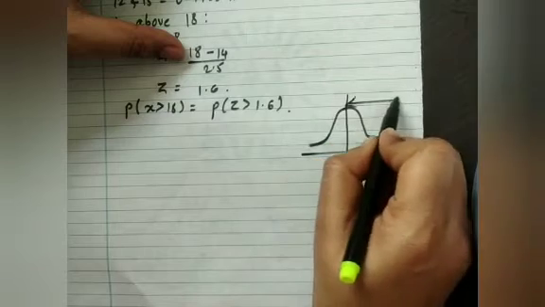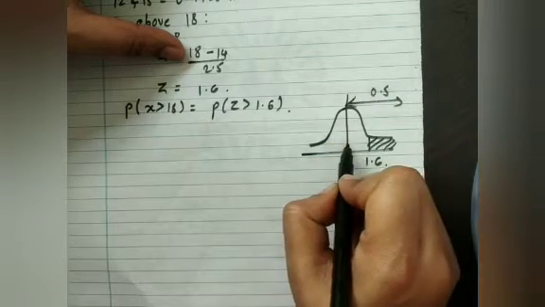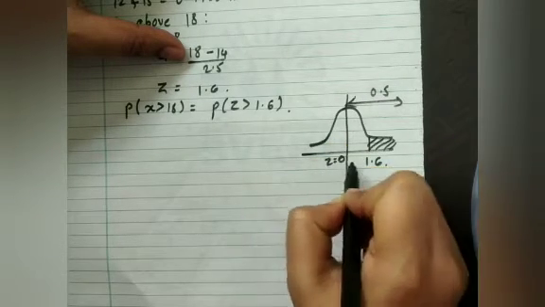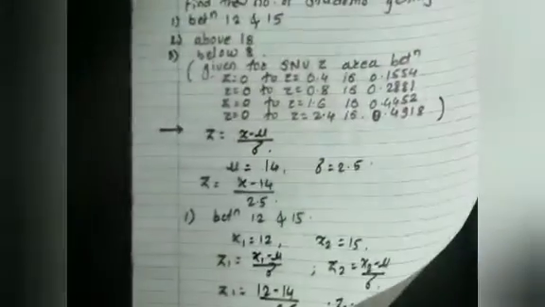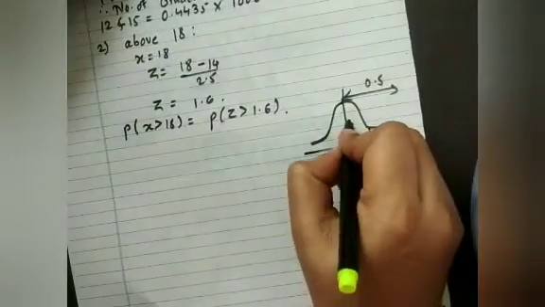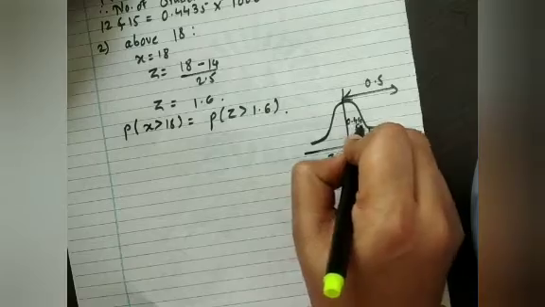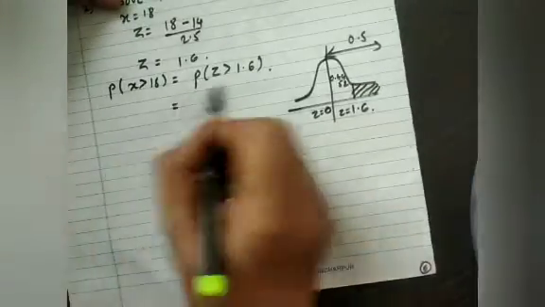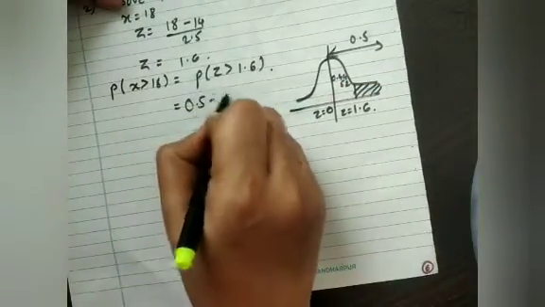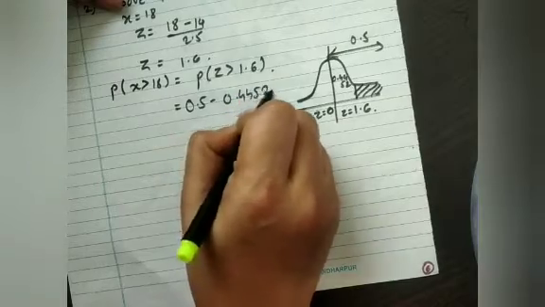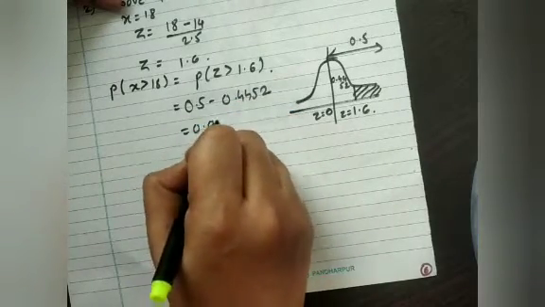So on this side the area is 0.5. From 0 to 1.6 area we know it is 0.4452. So the required area is 0.5 minus 0.4452, and which is equal to 0.0548.